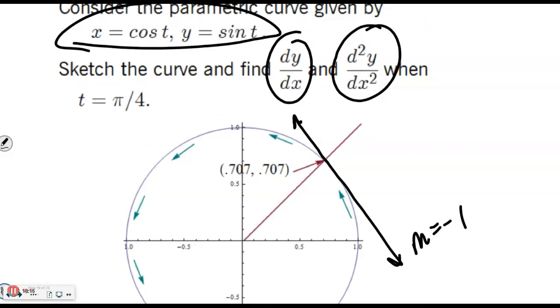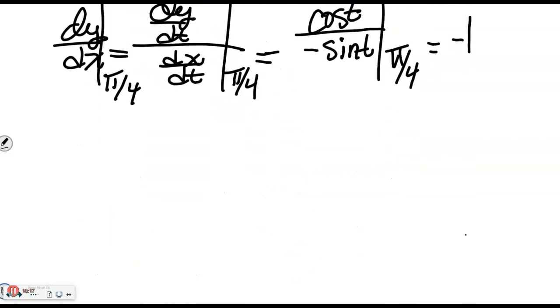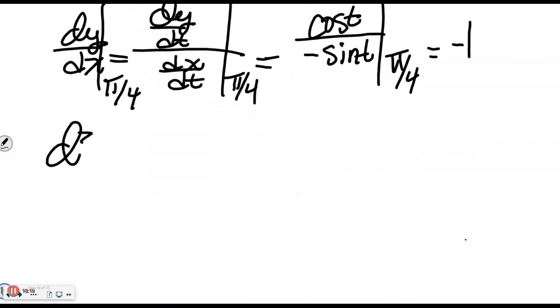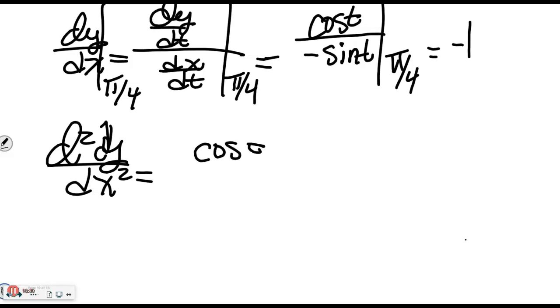The next thing up is the second derivative. When we do our second derivative, you don't really need to restart if you were listening. You do the first derivative, which we already did over there. We're going to do cosine t over negative sine t. But then what do we have to do with it?